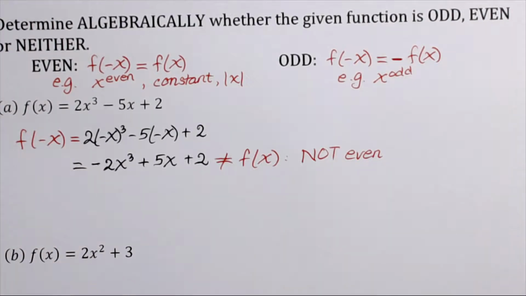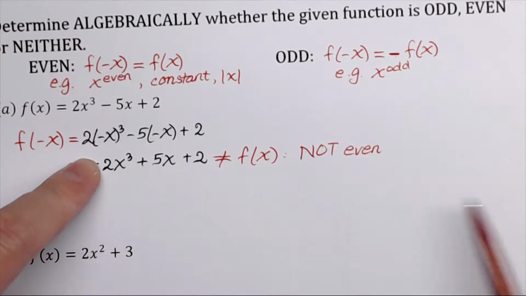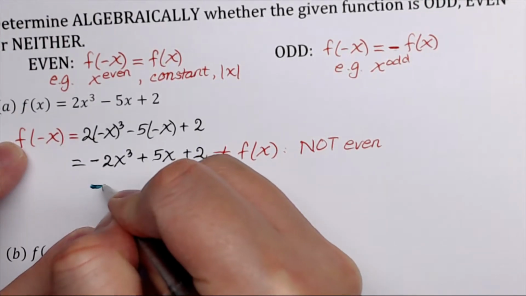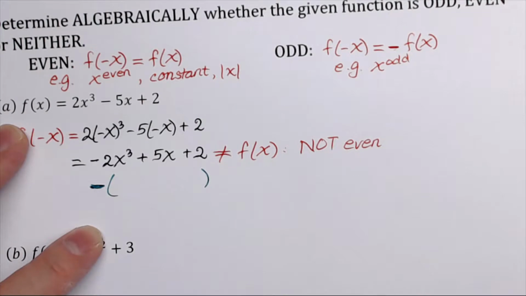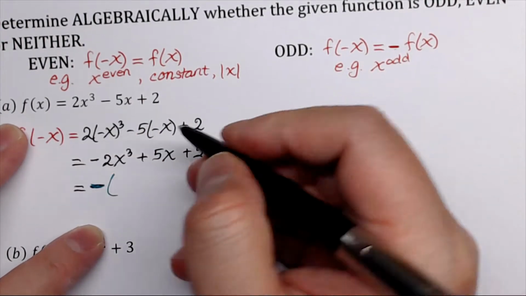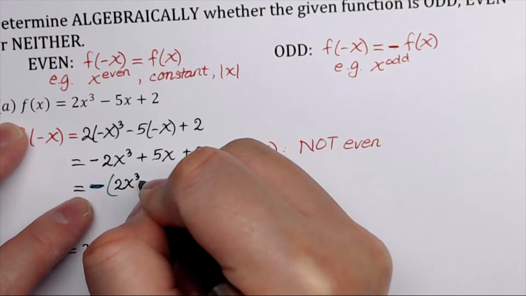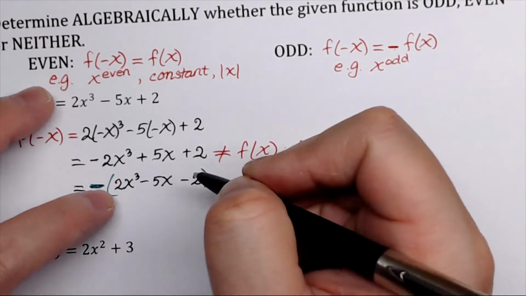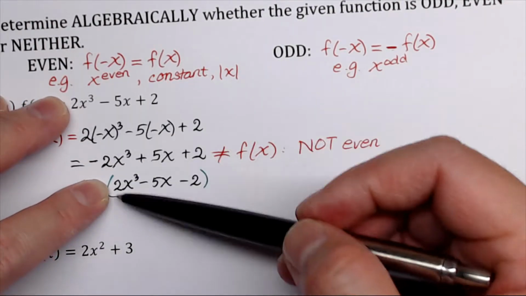Right. Next we test to see if it is odd. For odd we need the negative, so we will manufacture it by factoring out a negative sign. So we have to have a negative sign there. And so that will be 2x cubed inside minus 5x minus 2. Now we compare the inside with the original function. 2x cubed, that's good.